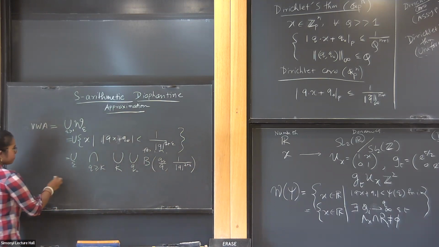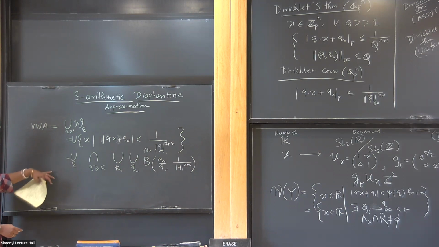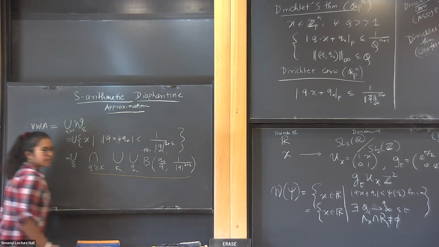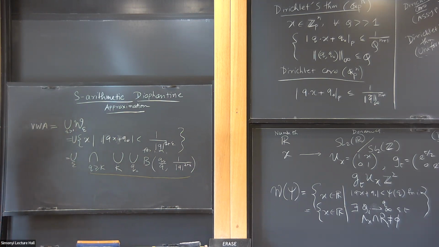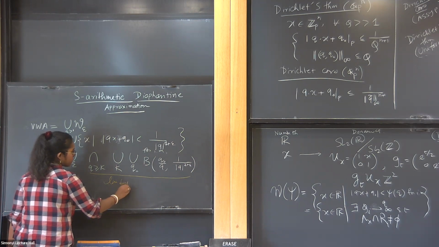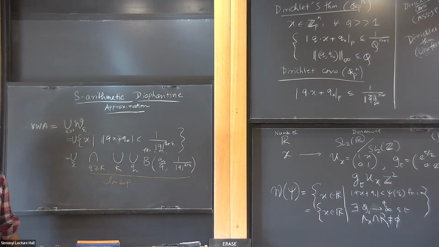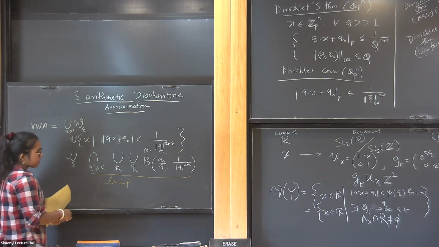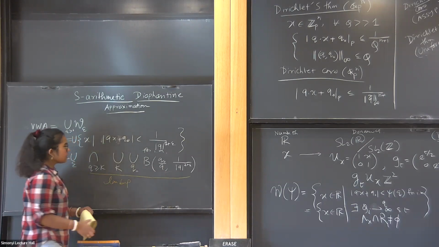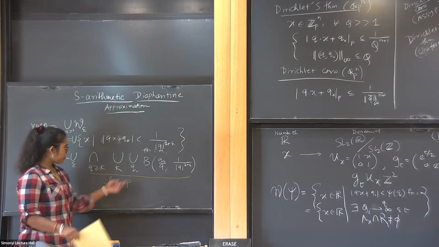In order to show that this set has measure 0, it's enough to show that for every epsilon, this set has measure 0. And this set is exactly a lim sup set. So how do you show that a lim sup set has measure 0? You use Borel-Cantelli. You can see it would work out because here the lengths are 1 over q to the power 2 plus epsilon. But you have q naught.